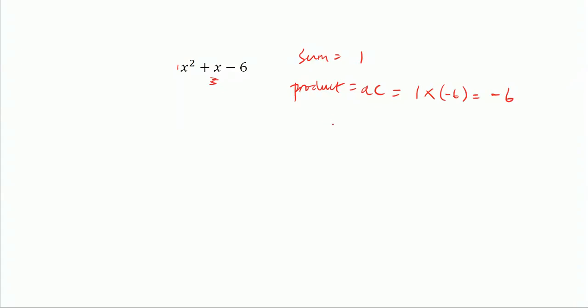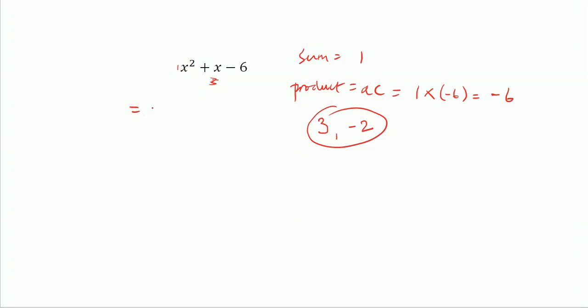So if we think about it, if we have, let's say, 3 and minus 2, 3 multiplied by minus 2 will give me minus 6, and 3 plus minus 2 will give me 1. So the two numbers we are looking for are 3 and minus 2.